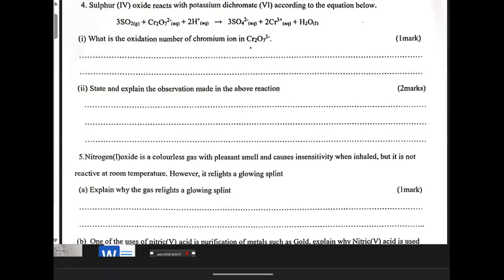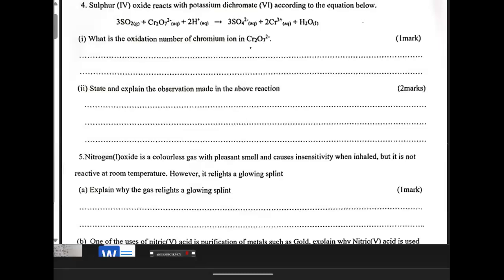The same thing will happen if you put even hot magnesium in a gas jar containing carbon 4 oxide or nitrogen 1 oxide or nitrogen 2 oxide or nitrogen 4 oxide. That heat decomposes the gas into oxygen and the other part, and now that oxygen will support combustion.